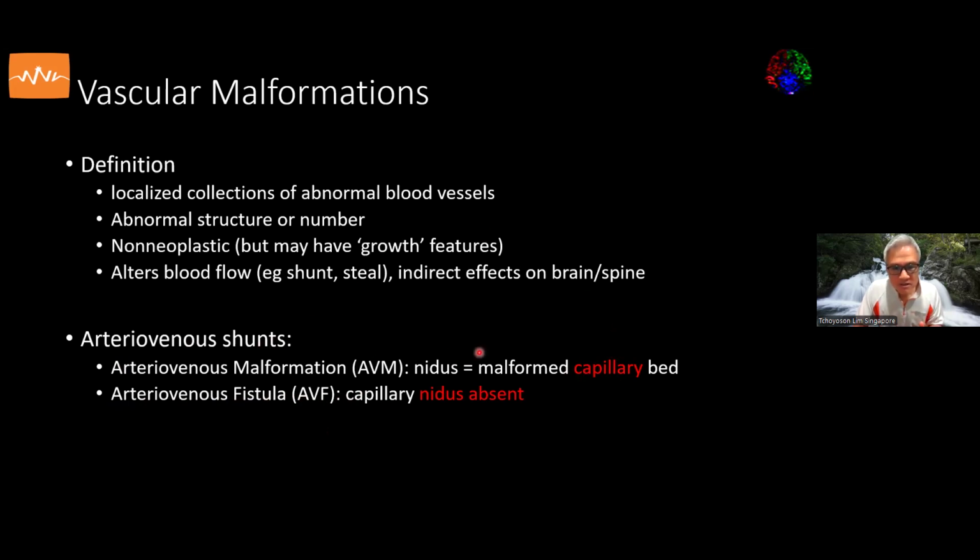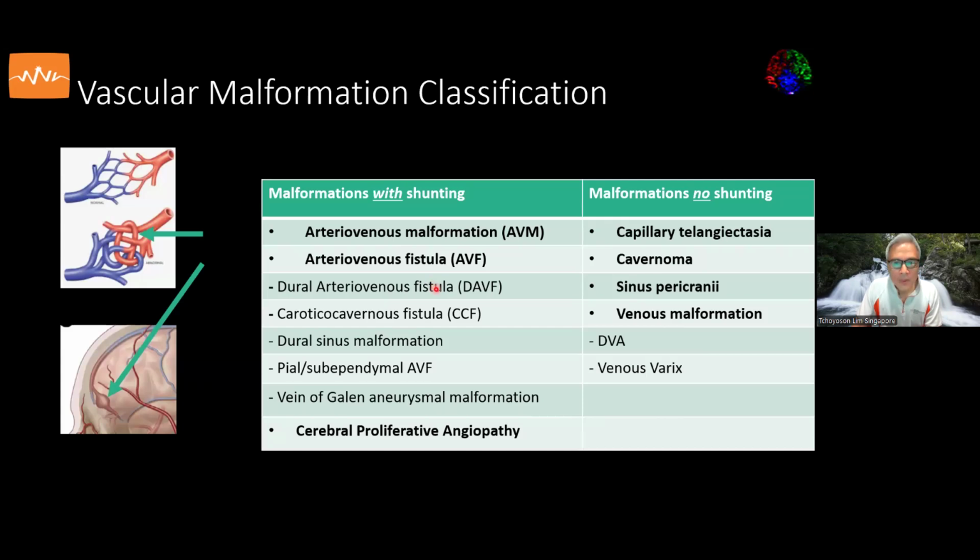So this is how the pathophysiology is classified. Those with shunting, as I've mentioned, are AVM and AVF, including dural AV fistula, CC fistula, and other types. And those vascular malformations with no shunting include cavernoma and developmental venous anomaly.